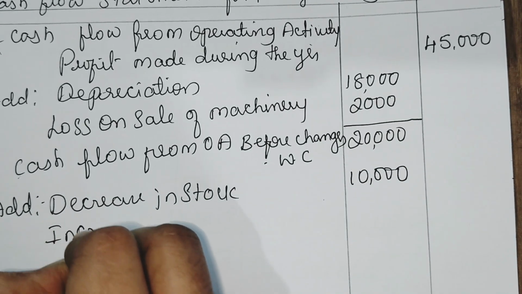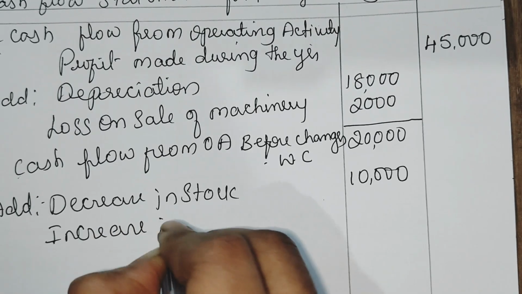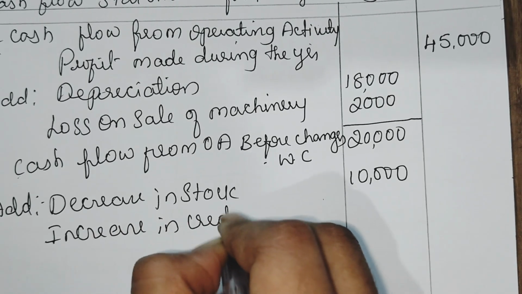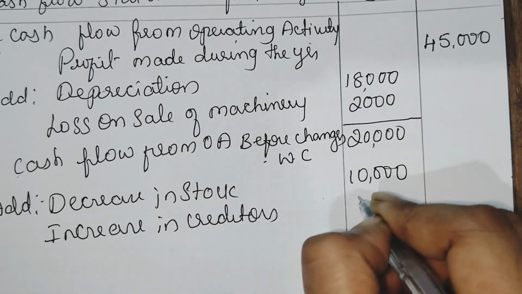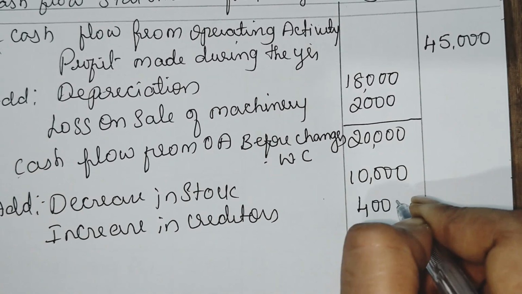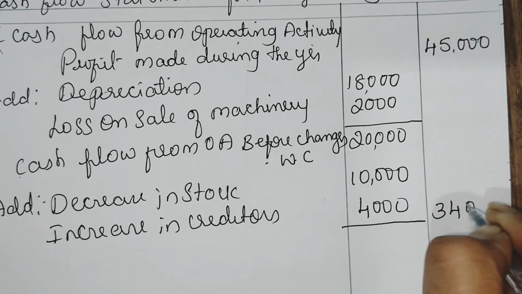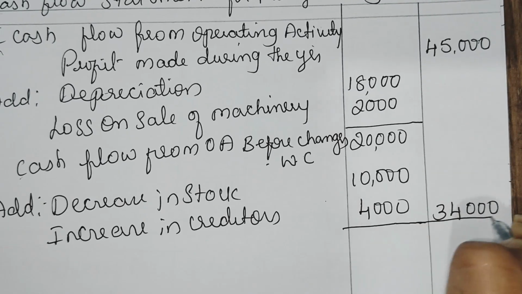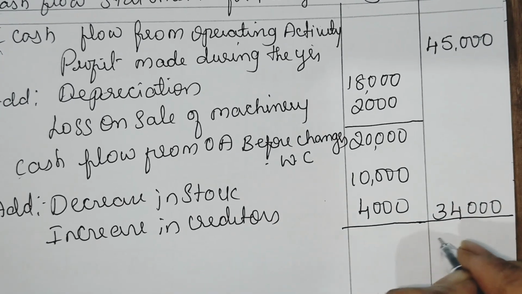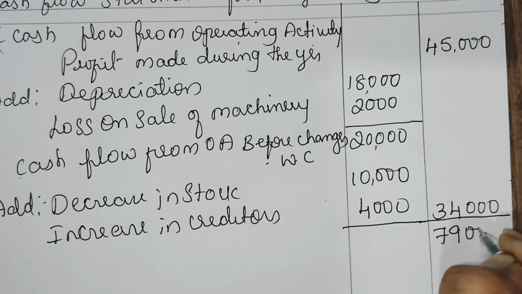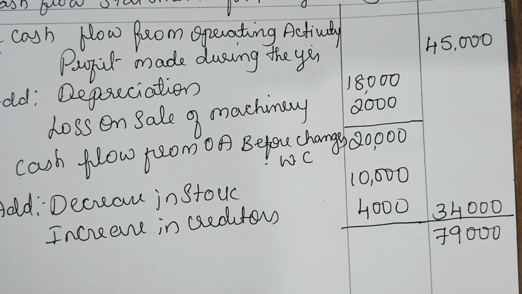Increase in creditors, 4,000. Total 34,000. 34,000 plus 45,000 is 79,000.